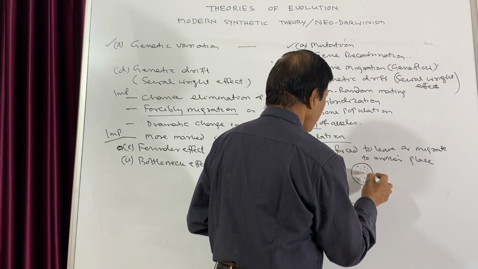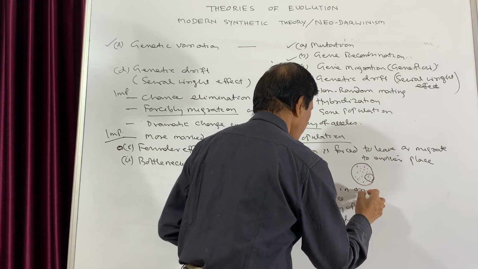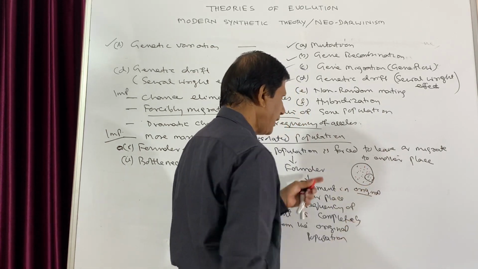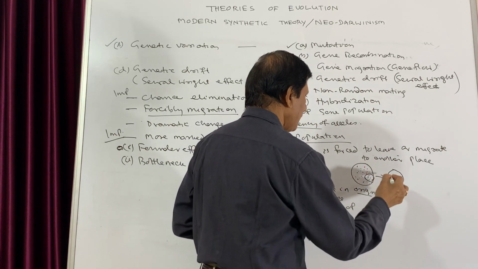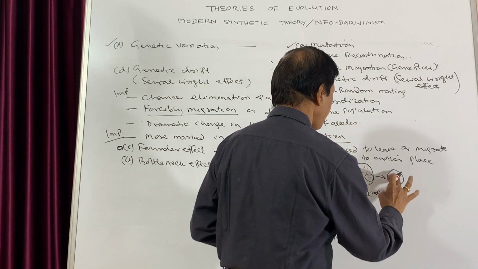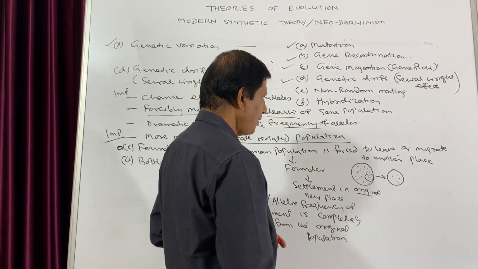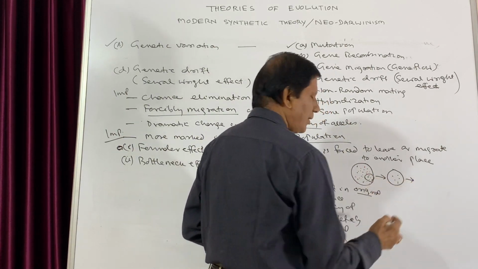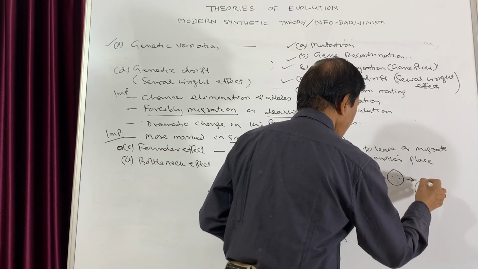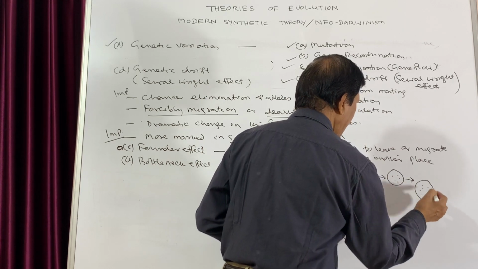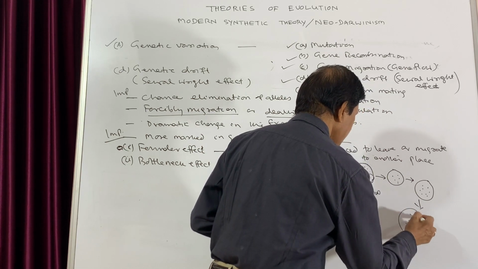This is the original population. When it is forced to migrate, only 4 people are there. So they have migrated. Now they will increase their population, so the 4 may become 8, then the 8 may become 16, like this.